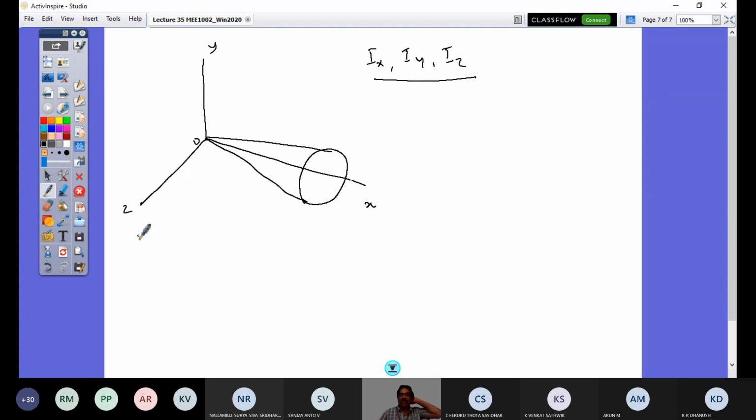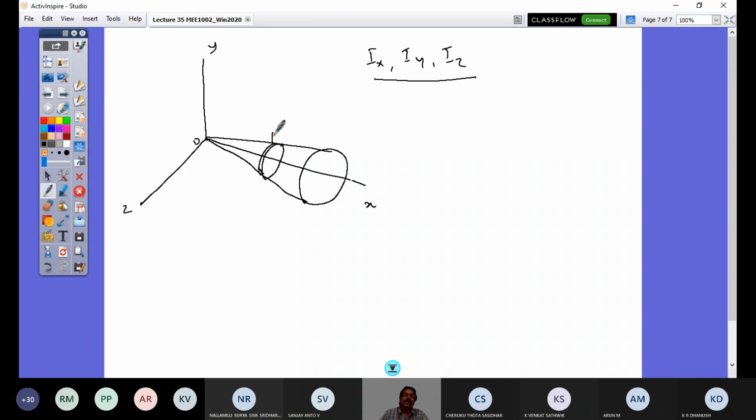For that, again, a similar approach of considering an elemental rigid body and its quantity of interest and integrating it. That's the approach. So I should consider an elemental mass, by considering a circular disk.